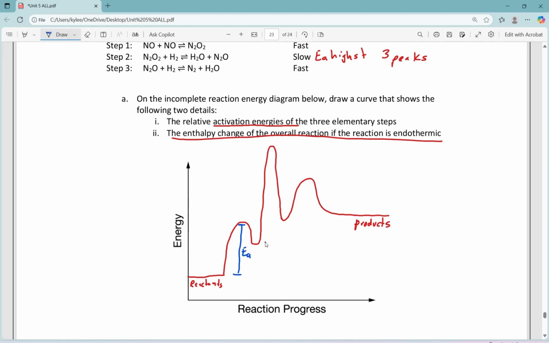So I want to just make sure that my second step, step 2, has the highest activation energy compared to step 1 and step 3. And I think I've illustrated that. Again, I cannot stress this enough. If they had told me more information about each step being endothermic or exothermic, I would have included that in my graph. But since they didn't, I showed what I could.